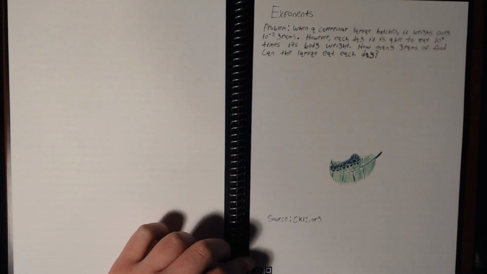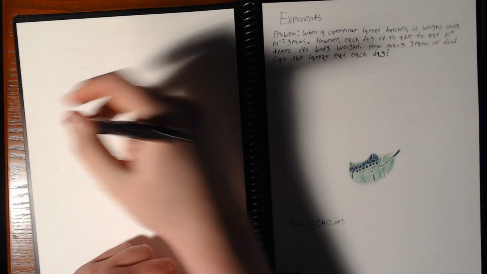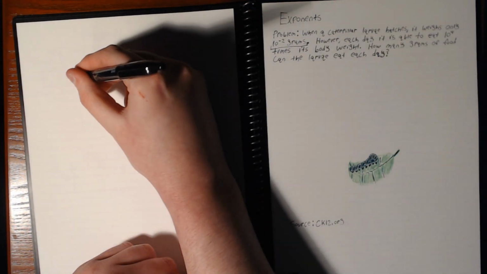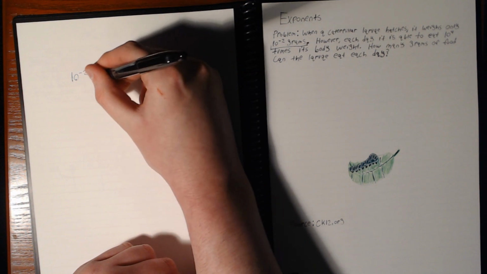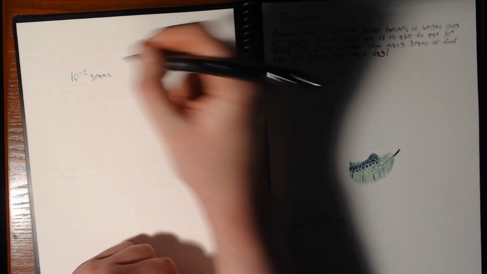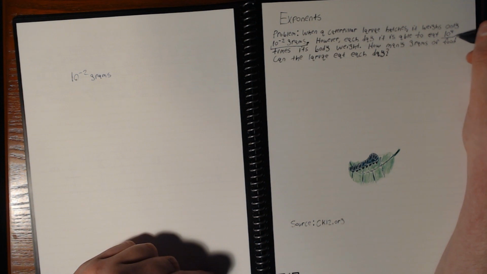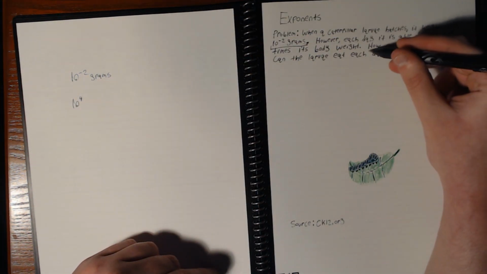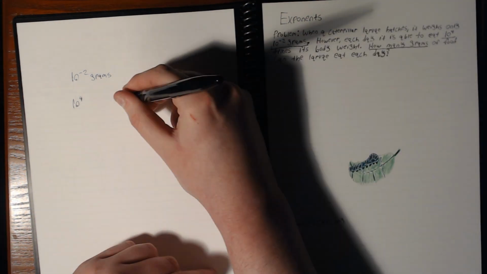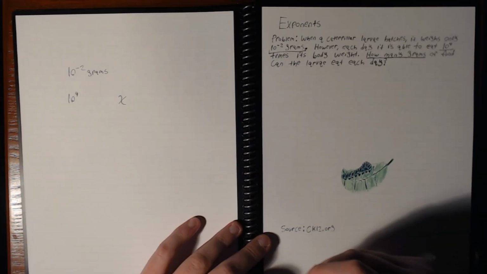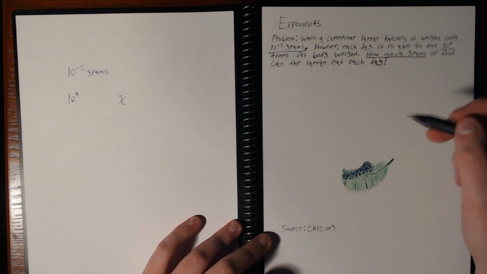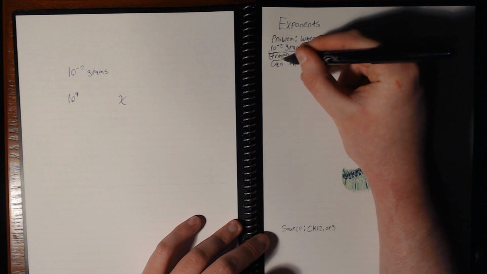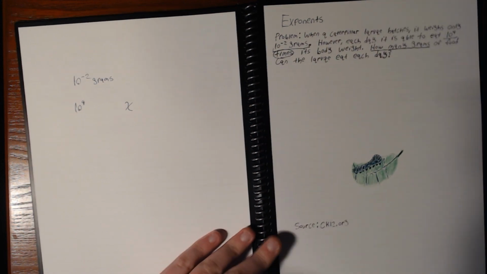So we've got 10 to the negative 2 grams, and then 10 to the 4, and then how many grams? We're going to make that x. The indicator on what operation we're going to use is a pretty big hint. It's times.